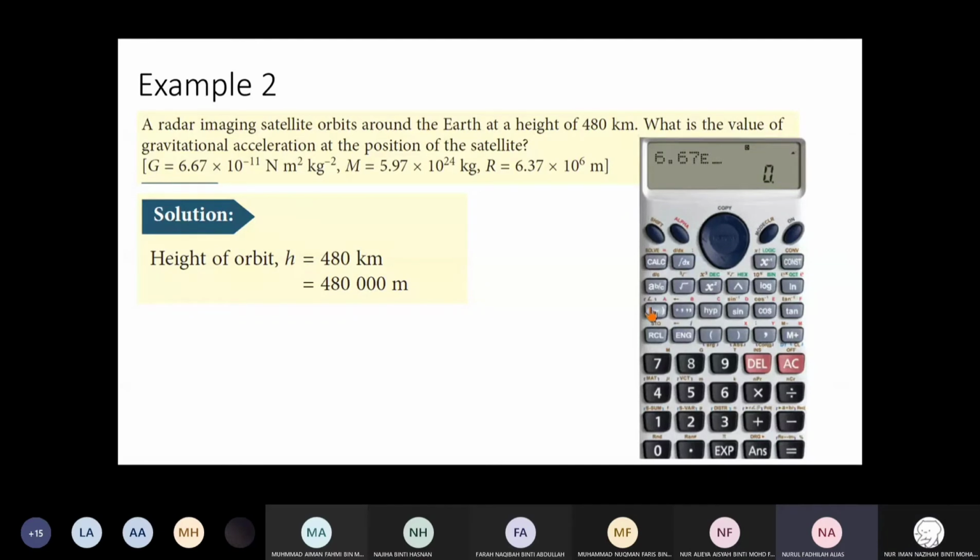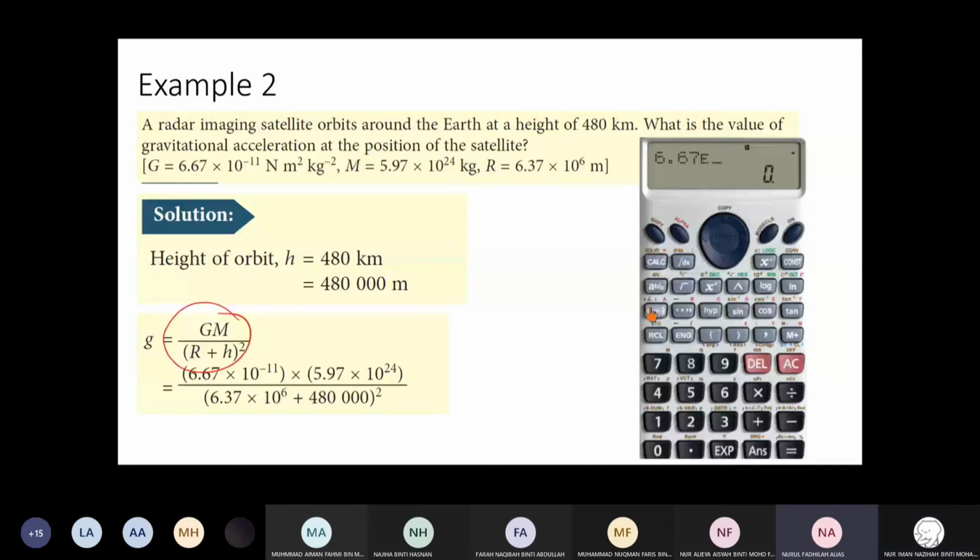Berapa? 8.49. Okay, so dapat mana formula ni? Ingat tak ni? Kenapa R plus H? Kejaplah. Tekan kalkulator dapat berapa? Okay, make sure tekan kalkulator betul-betul sebab soalan ni senang tapi 8.49.